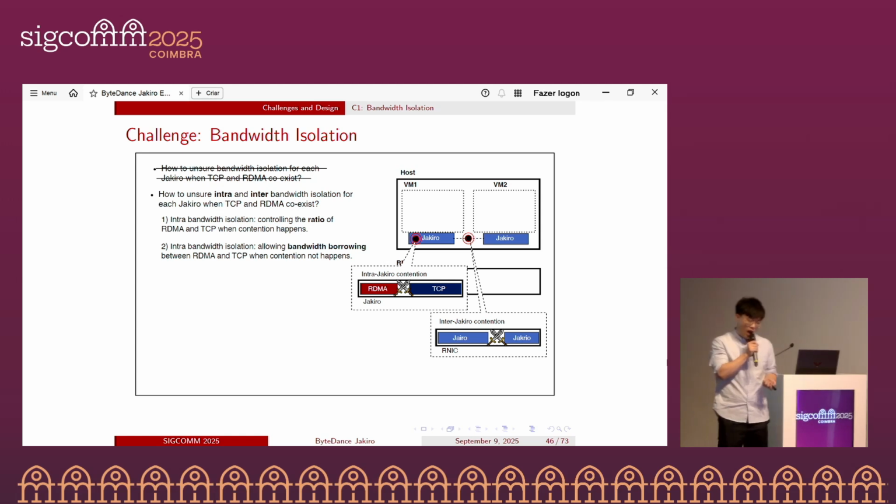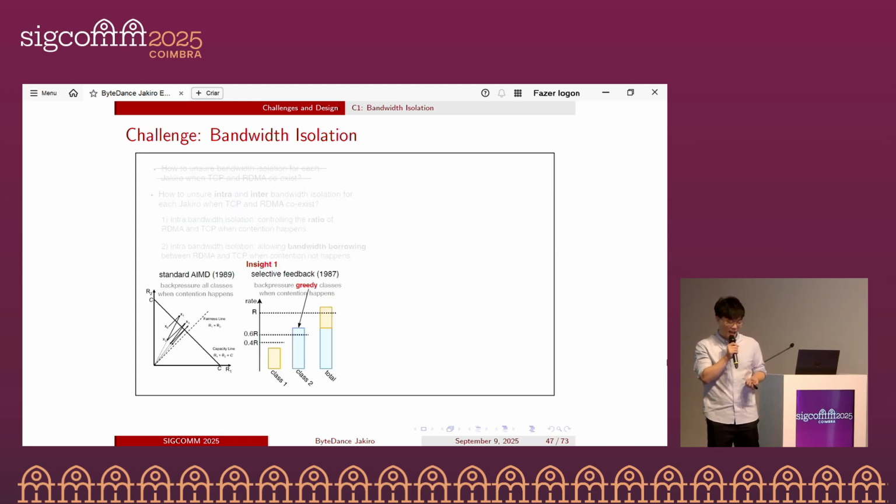Okay, so our solution was inspired by two classical ideas. The first is selective feedback, which was published in 1987. Unlike the standard AIMD mechanism, selective feedback only back pressures the greedy stream or the greedy class when congestion happens.